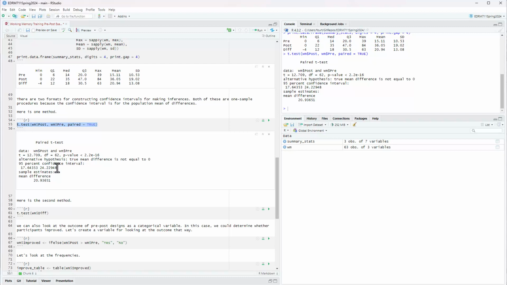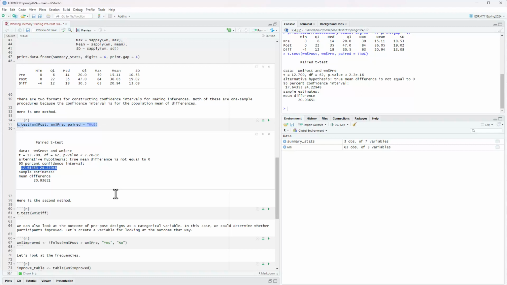So this is the difference right here between post minus pre, telling us that we believe that the average difference outside of this study that can be inferred is somewhere between about 18 and 24 points. That's the average increase. Pretty substantial increase, an average increase between 18 and 24 points, especially since I believe the battery of tests allowed for scores.